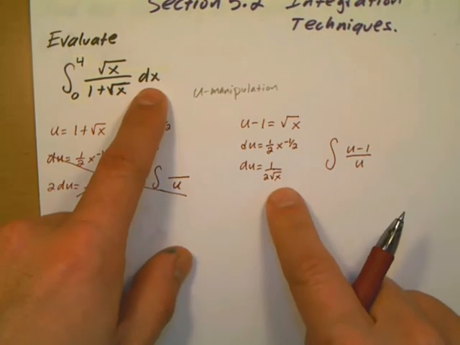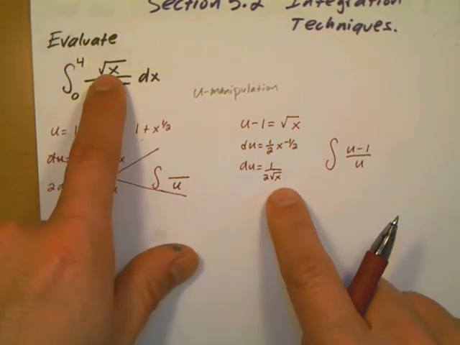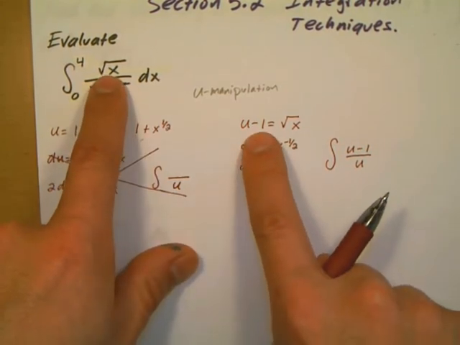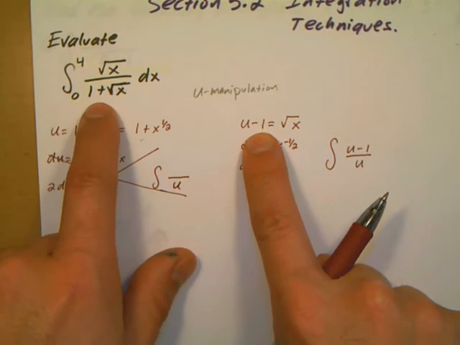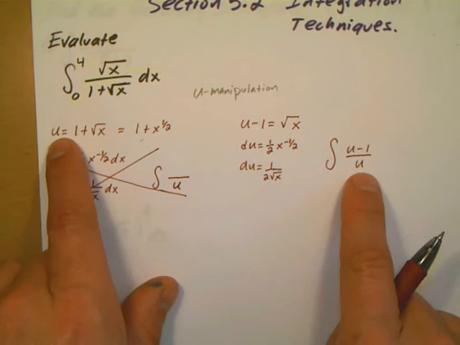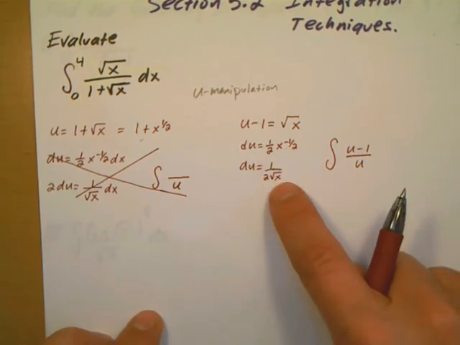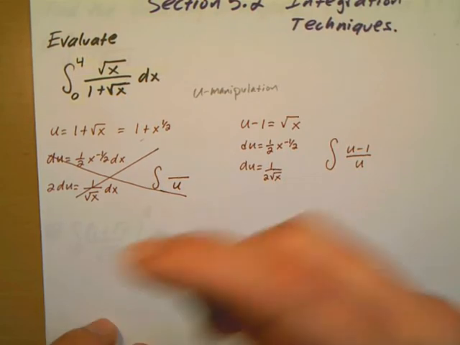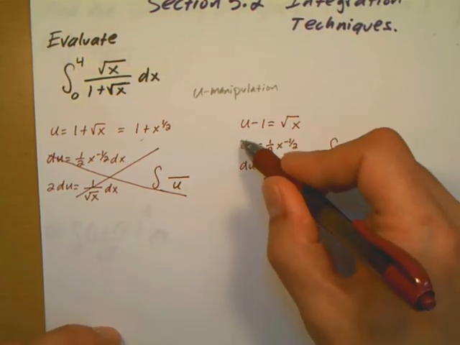And I don't have that. I've already used up the square root of x right here. I've already used this 1 plus square root of x over here. I don't have this additional 1 over 2 square root of x. So this also doesn't match up at this point.